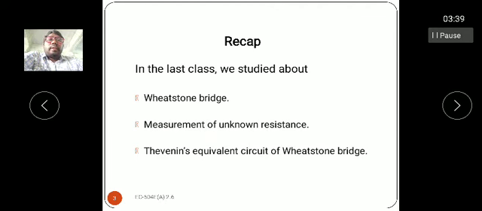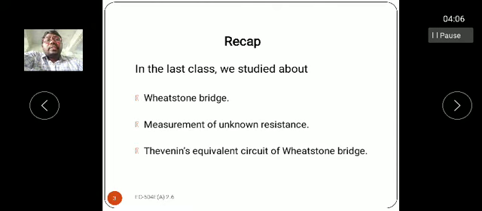Across these load terminals, the voltage sources are replaced with their internal impedance. Like the voltage source is replaced with a short circuit and the current source is replaced with an open circuit, matched with their internal impedances, then we find the total equivalent resistance at the load terminals.